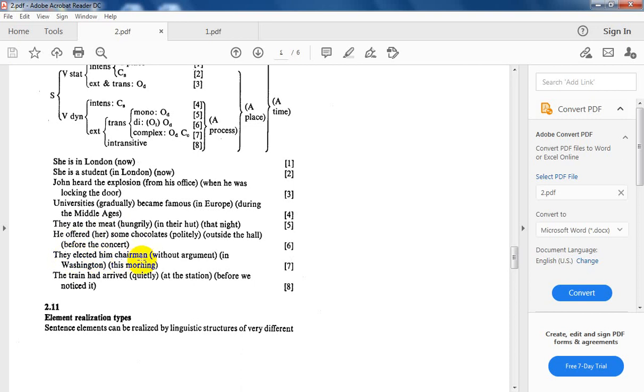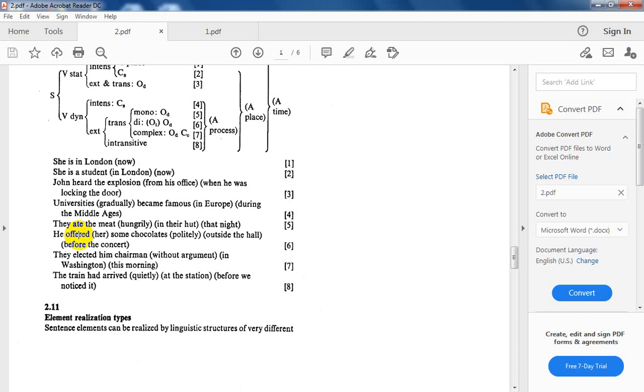They elected him chairman. They is the subject, elected is a dynamic complex transitive verb, him is the direct object and chairman is the object complement. Of course, here it is monotransitive because I have one object.